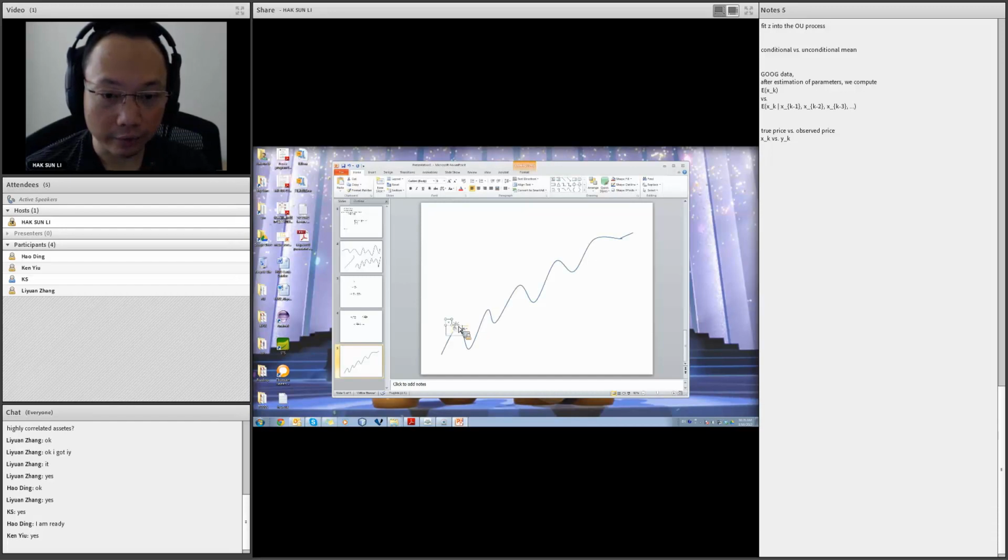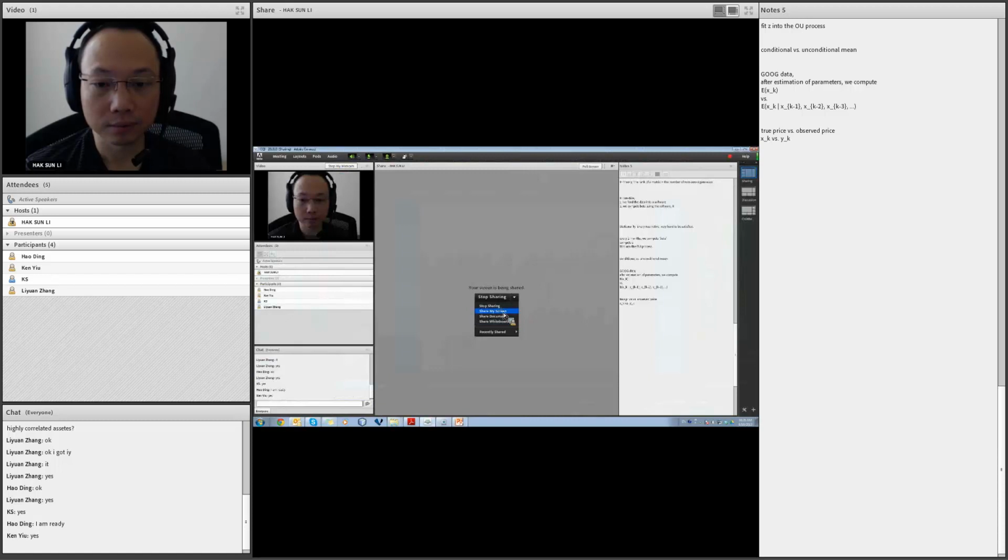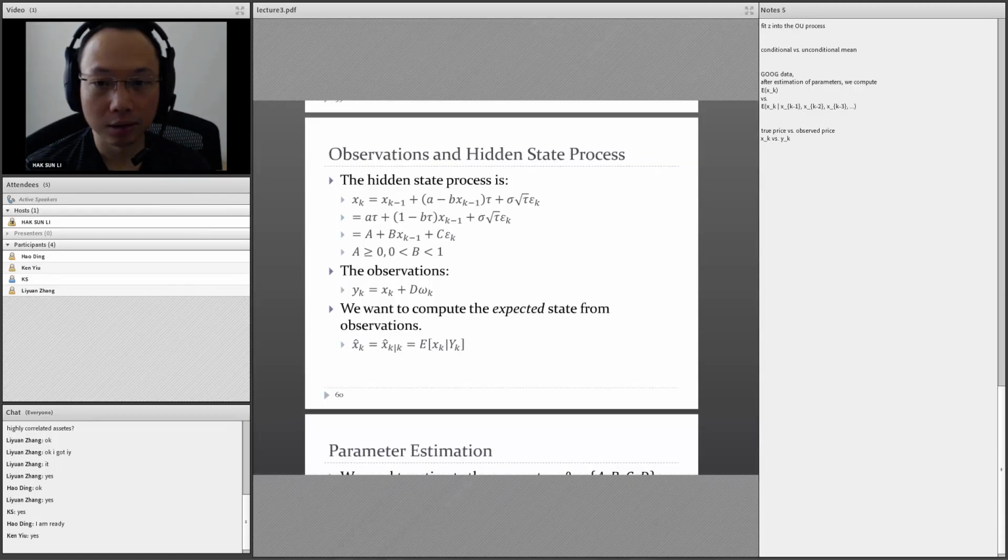When we read from the newspaper, we only observe the contaminated price. It will be somewhere around the true price, but not exactly the true price. So what we observe are these x's, our observed prices. In our modeling, we model the observed price as a linear combination of the true price plus a noise.